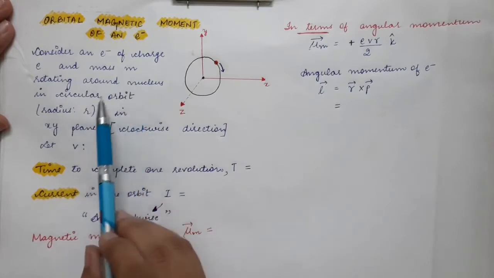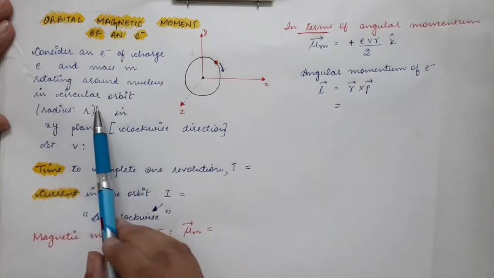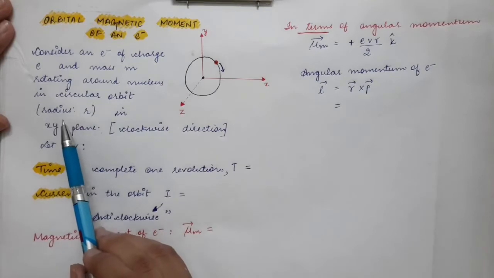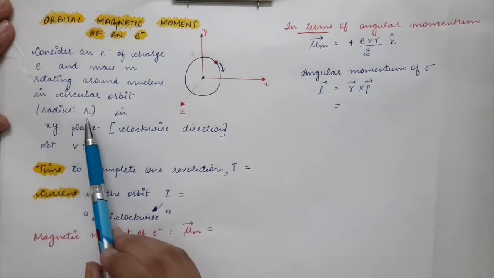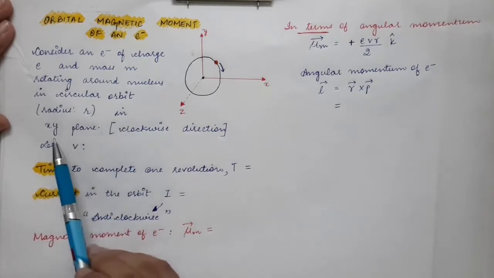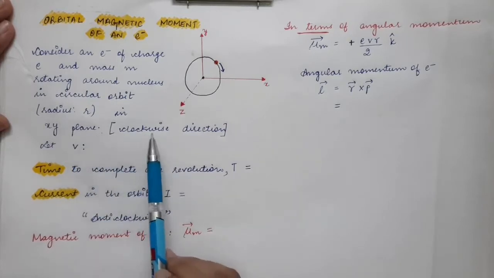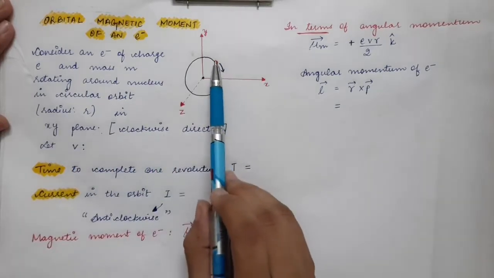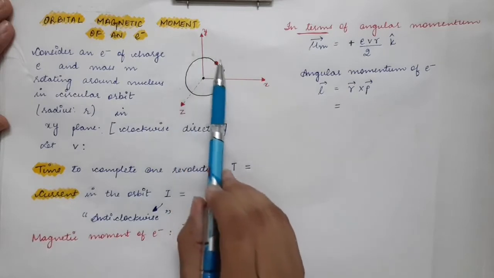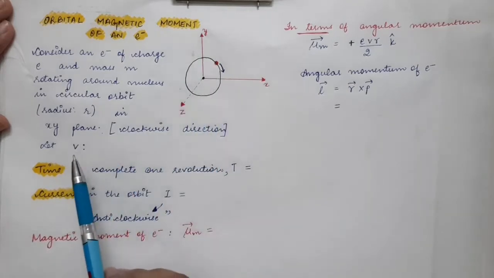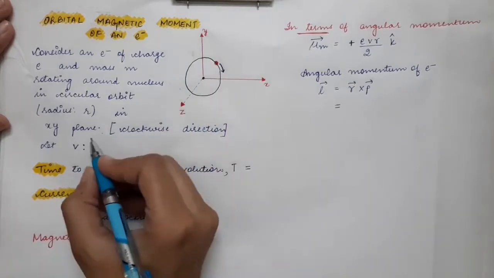So this electron is revolving around the nucleus in a circular orbit, and let's consider that the radius of the orbit is equal to small r, and it lies in the xy plane in the clockwise direction. Let's consider v is the speed of the electron.